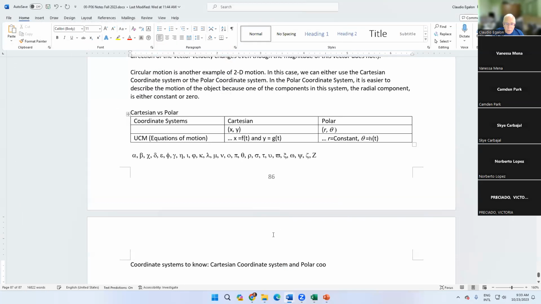For the Cartesian coordinate system, we have the 2D coordinate system that is X and Y, and we have the 3D Cartesian coordinate system, X, Y, and Z. And the polar coordinate system is the 2D coordinate system described by the r, theta coordinates.